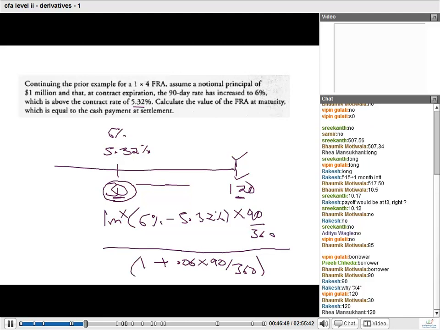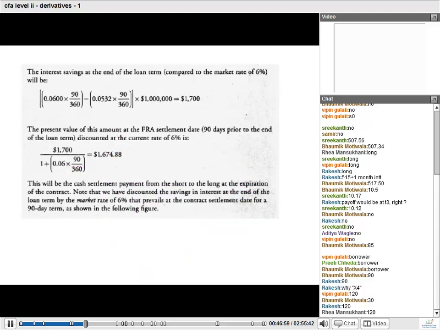So I have to discount it back 90 days. So this is the interest savings. However, the interest savings have to be discounted back by 90 days.